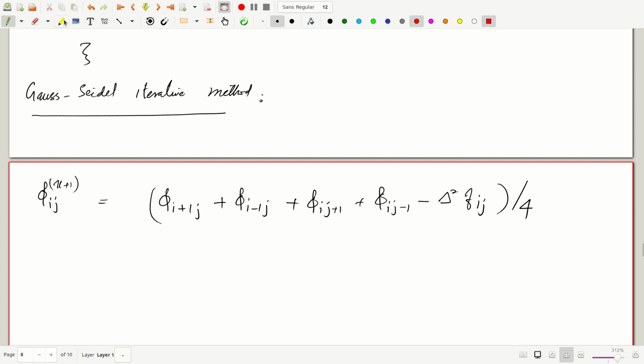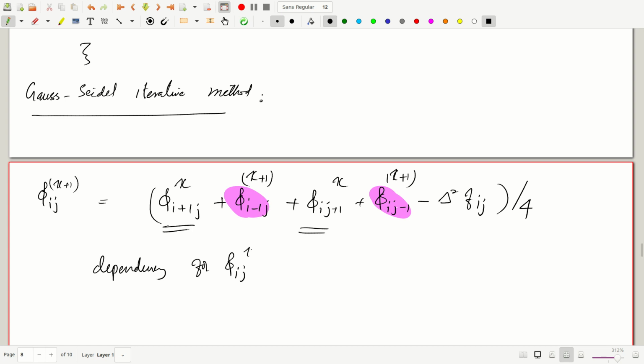Now what we realize is that phi i minus 1 j and phi ij minus 1 are already computed. If we are talking about a serial implementation, then why not make use of the values in the current iteration for these and the values in the previous iteration for the other two. Now this basically causes a dependency issue for phi ij at k plus 1, and basically makes it difficult to parallelize.